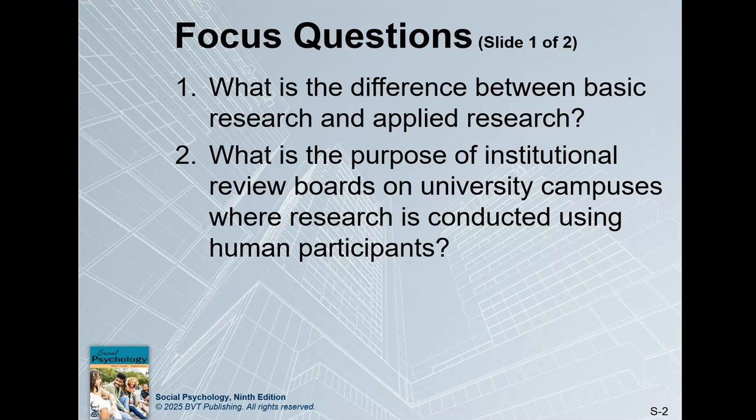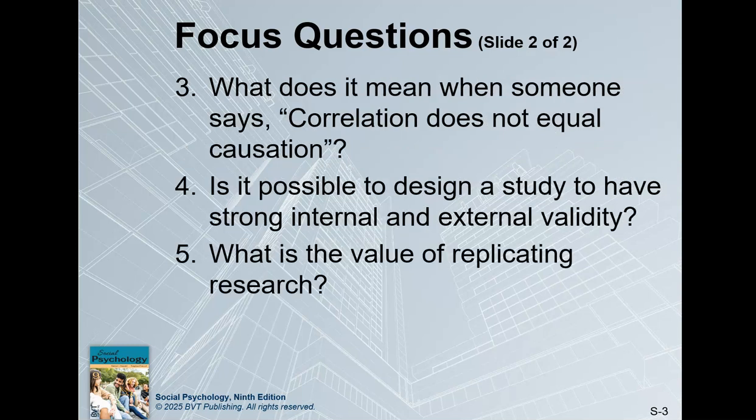Another question here, number 2, says, what is the purpose of institutional review boards on university campuses? So when research is conducted using human participants, we will answer those questions going forward. Another question is, what does it mean when someone says correlation does not equal causation?